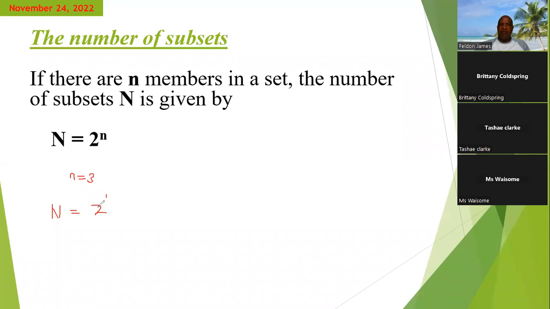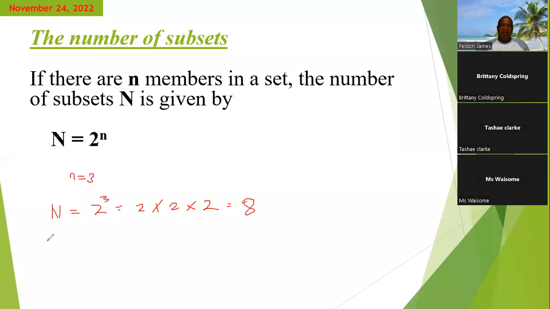And if you do that calculation, that will give you what? 8. 2 times 2 times 2. And if you multiply that out, you get 8. So it means that the number of subsets you would get would be 8. Is that clear, students?